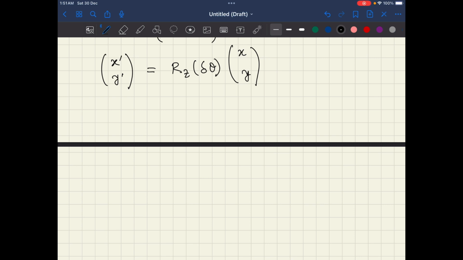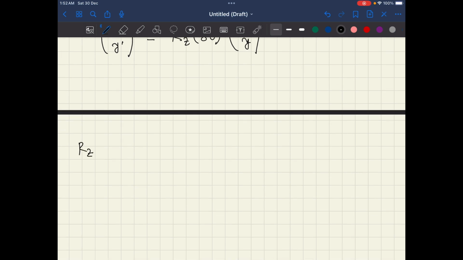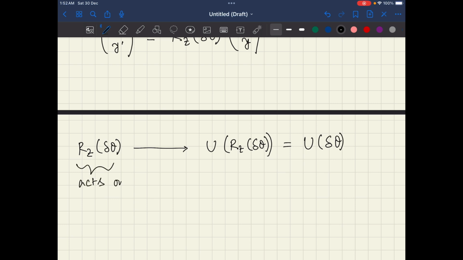That is, for Rz of delta theta there is an operator mapping, which for convenience I write as U of delta theta. Okay, so this thing acts on points, and this thing acts on state kets of Hilbert space.